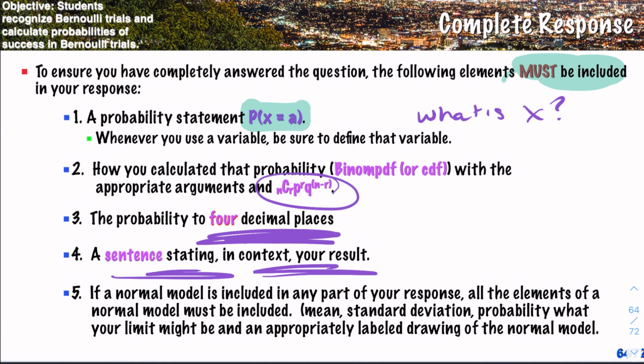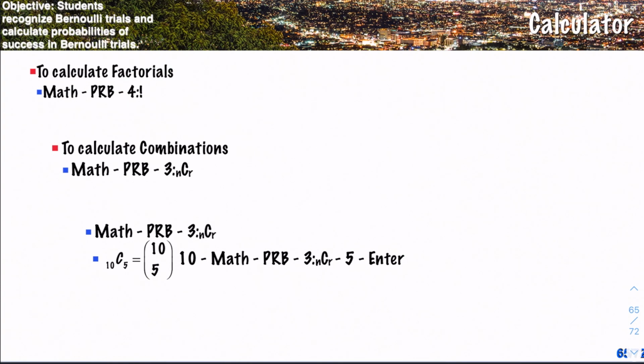And if a normal model is included in any part of your response, all elements of a normal must be included. Mean, standard deviation, probability, what your limit might be, and an appropriately labeled drawing of a normal model. We will always be drawing a picture. A few little things in case you forgot.